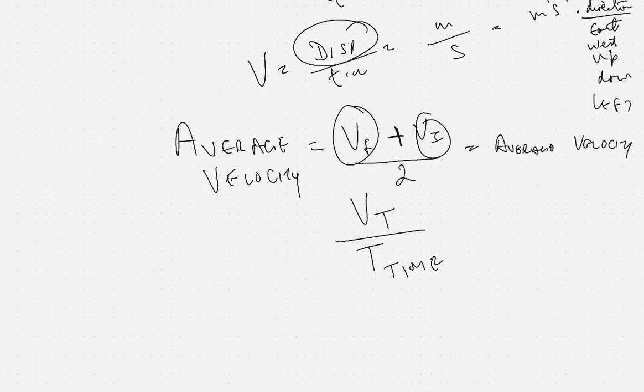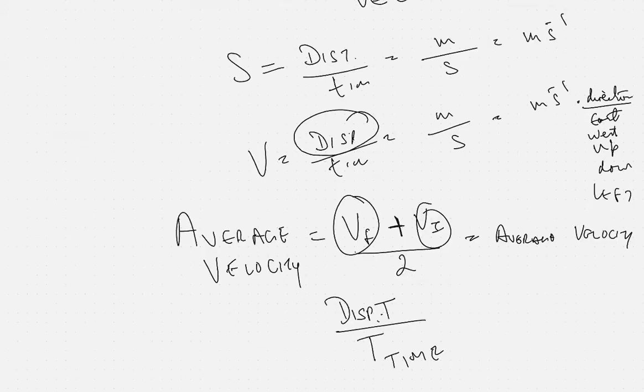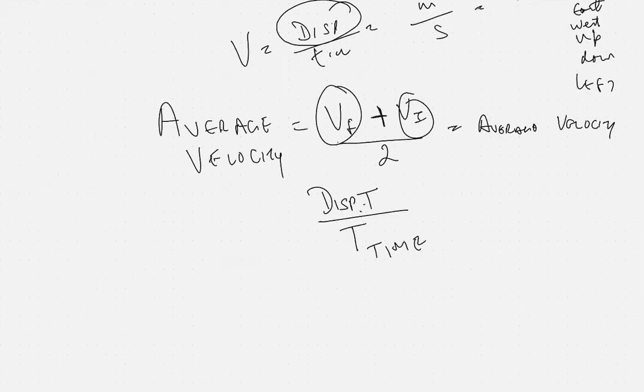Total displacement. Okay. So that's the total time. So remember, for the average you can get the initial and the final velocities and divide by 2, or get the total displacement divided by total time. Then you get the average. Okay. All right.